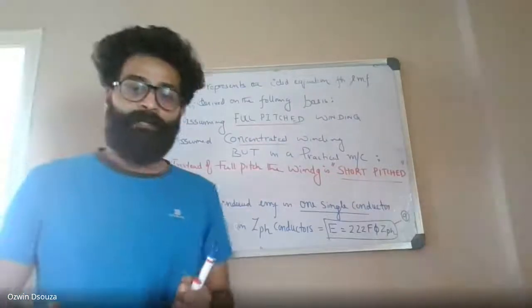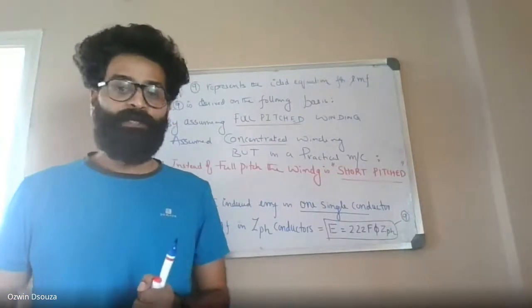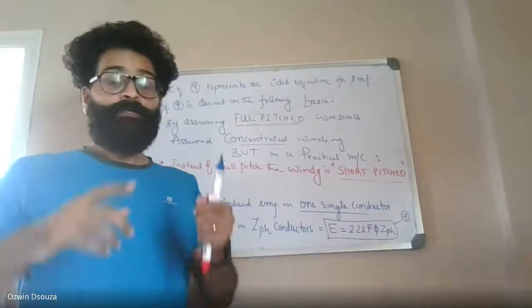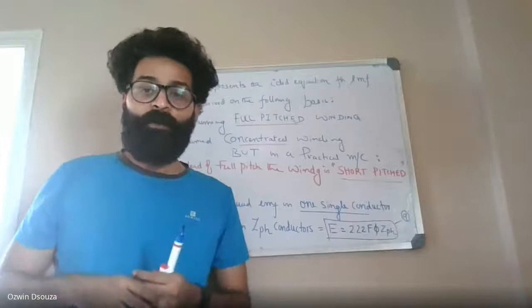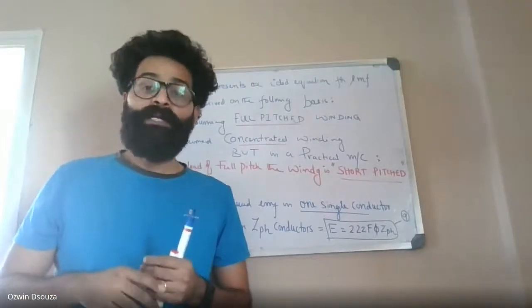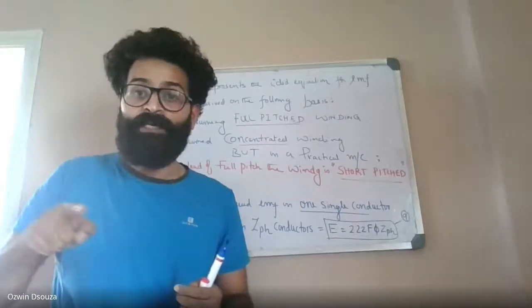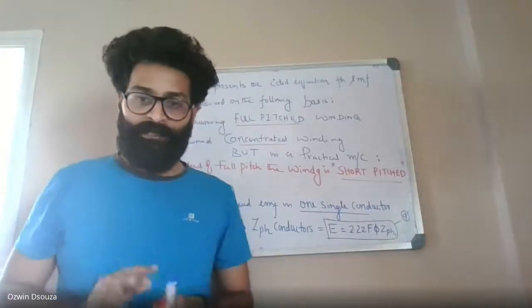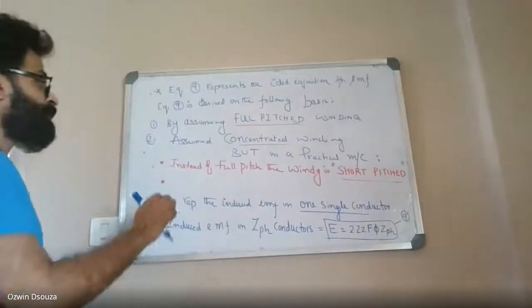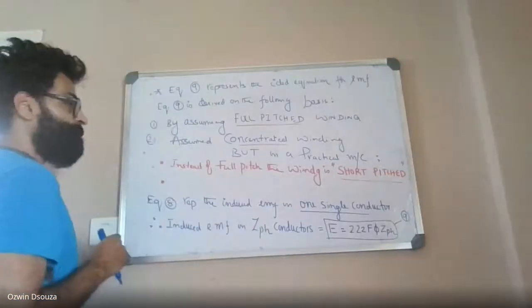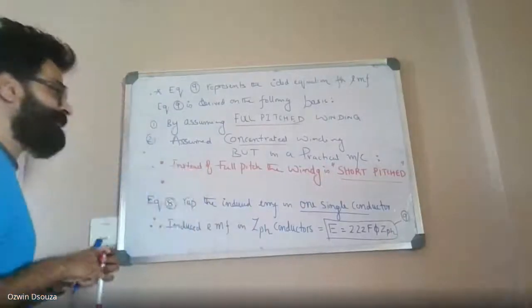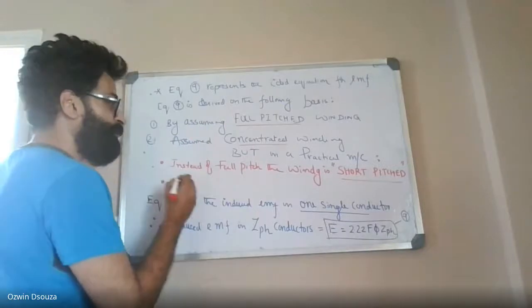But do we do it in our actual machine? No, we don't, because you have slots all around the outer periphery of the stator. So conductors are distributed evenly in all the stator slots. That is the reason we say that in a practical machine, instead of concentrated winding, we have a distributed winding.